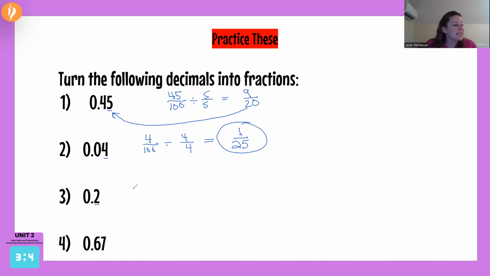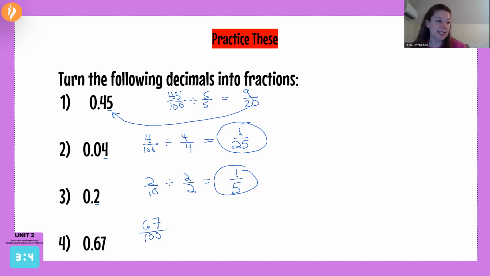This place is the tenths place, so 2 tenths. Those are both even numbers, so we can divide them both by 2. And 2 tenths is actually equivalent to 1/5. And 67 hundredths, well, 67 is a prime number. It has no factors besides 1 and itself, and that means this fraction is simplified, 67/100ths.